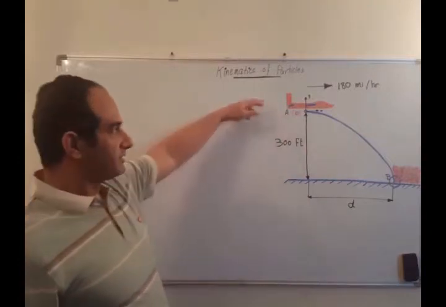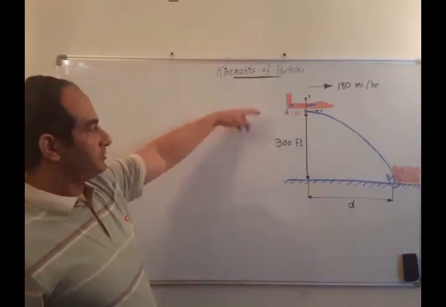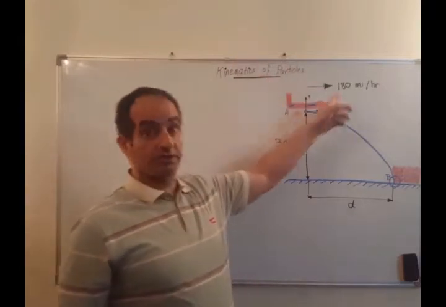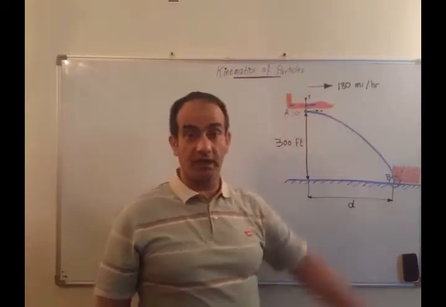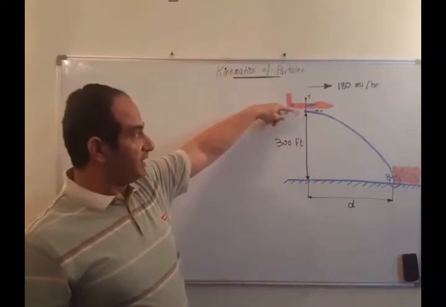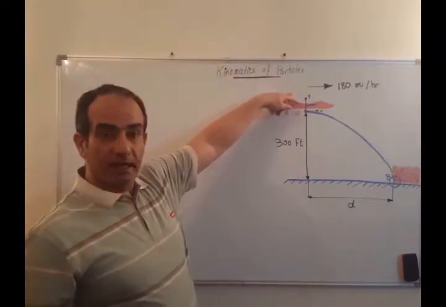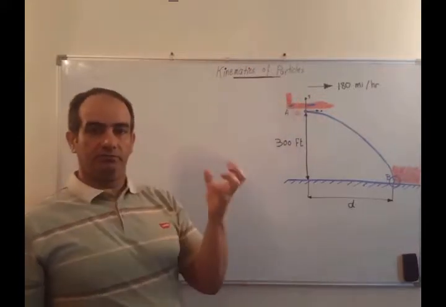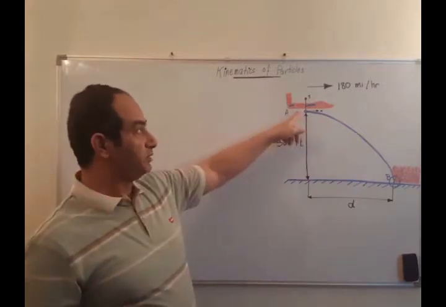Suppose that we have an aircraft flying at a certain altitude, 300 feet, with a constant speed of 180 miles per hour. And at a certain time, the pilot dropped a particle of a specific mass, the blue one.